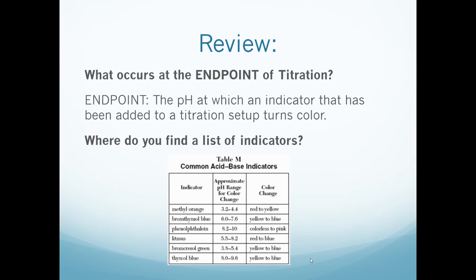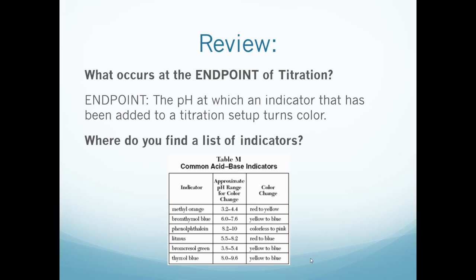If you look at the color range, it starts off red. When you use methyl orange, if the pH is lower than 3.2, it's going to be red. If it's higher than 4.4, it's going to be yellow. In between, from 3.2 to 4.4, it would be red-yellow, or orange.